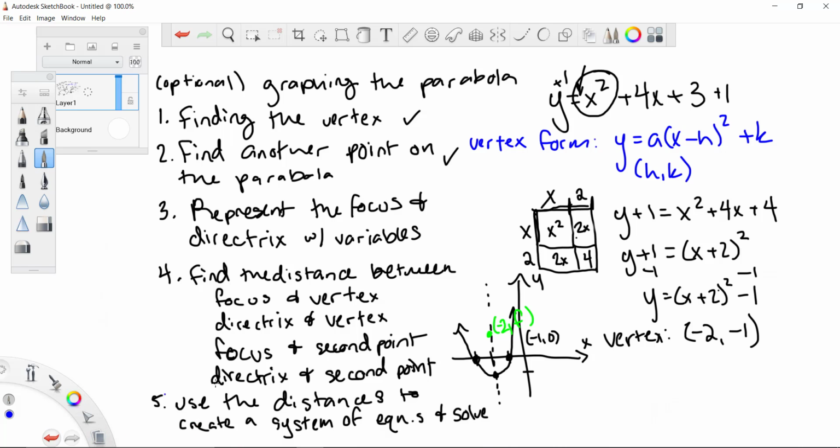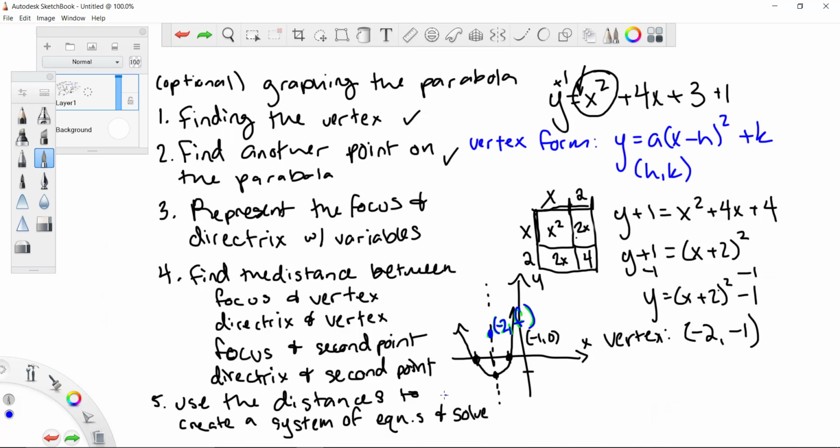It's not a very easy to read color. -2, f. So we know that the x value is -2 because the x value should be the same as the x value of the vertex. But we still don't know yet what the y value is, so we call it f.